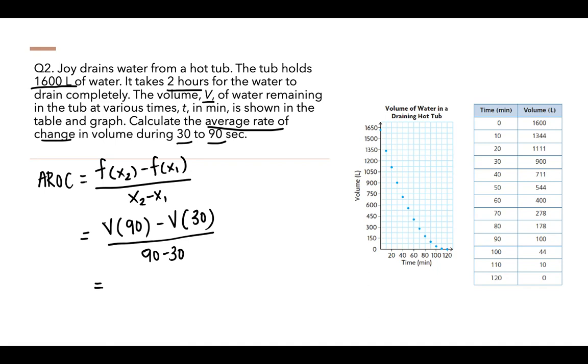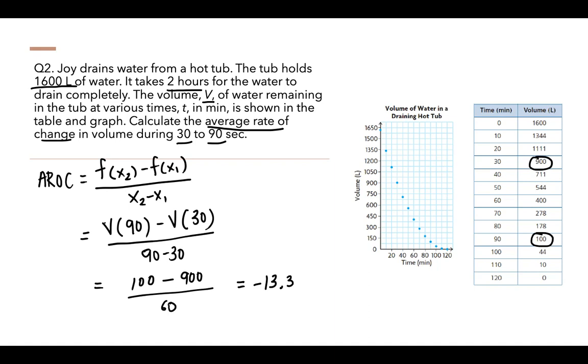It will be more accurate to look at the table of values. So at 90, we have 100 liters, minus at 30, we have 900, over 60. Once you simplify, it's about negative 13.3.